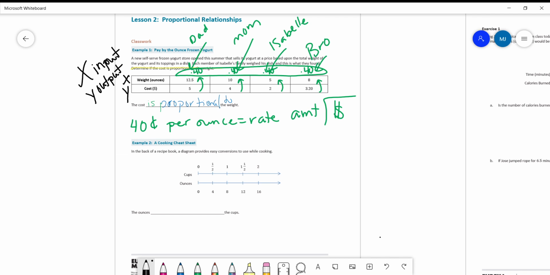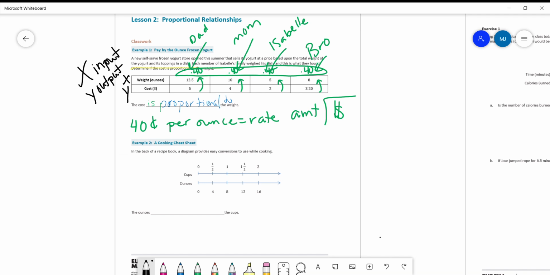So let's look at the second example, cooking cheat sheet. So the back of a recipe book, a diagram provides easy conversions to use while cooking. Sometimes you have a measuring cup and you need to be able to measure ounces. And sometimes you're given ounces and you need to know how many cups that might be. And so we just want to make sure that those are the same.